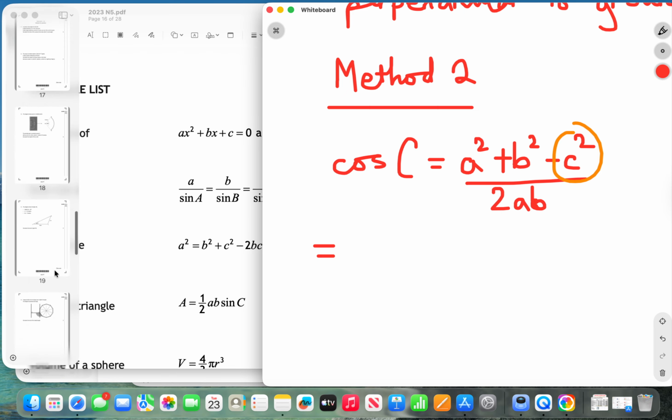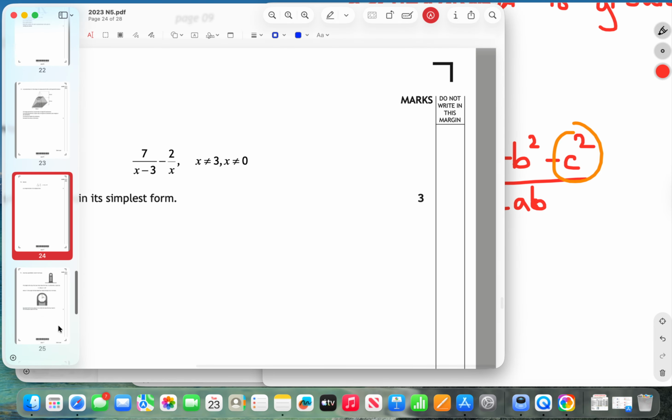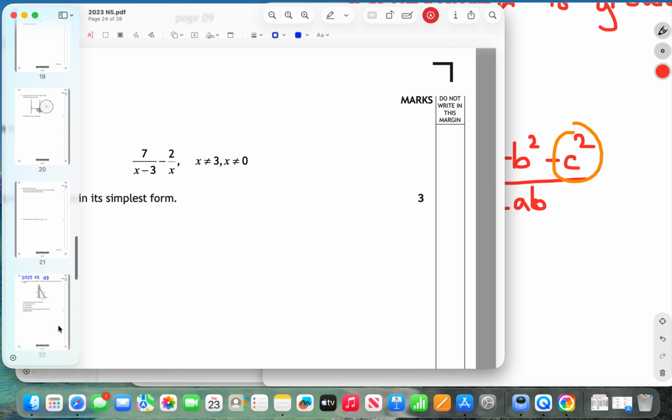Back to this then, let's substitute some values in.